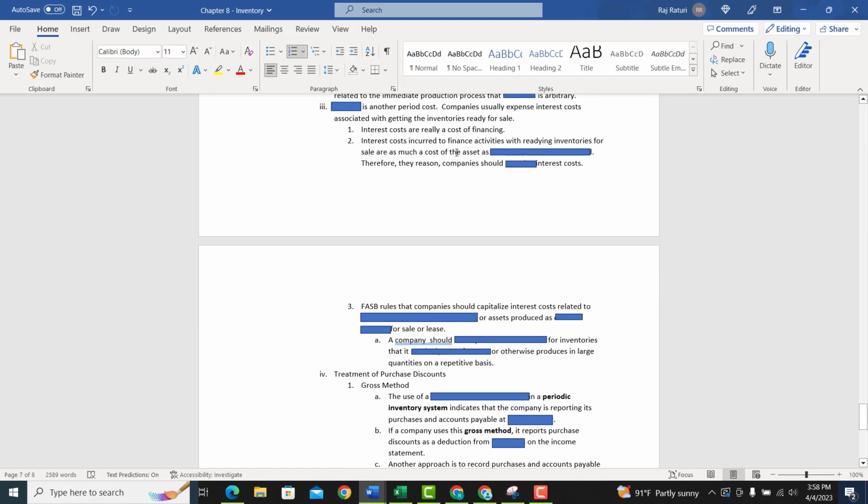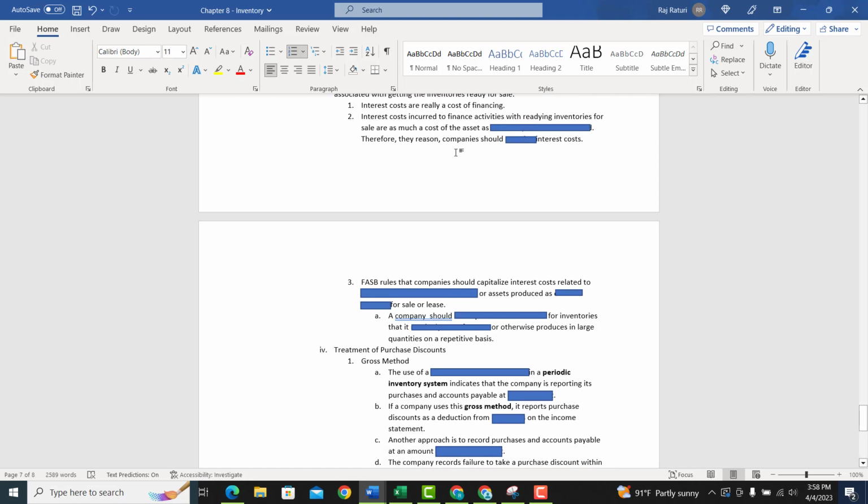Interest is another period cost. Companies usually expense interest costs associated with getting the inventories ready for sale. Interest costs are really costs of financing. Interest costs incurred to finance activities with readying inventories for sale are as much a cost of the asset as materials, labor, and overhead.